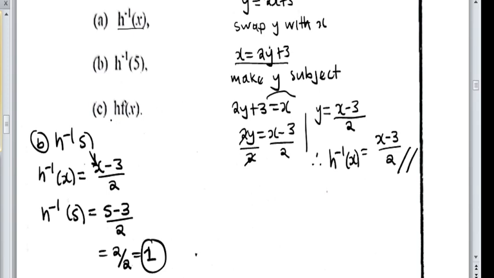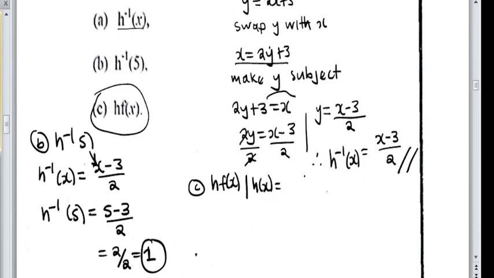Then finally on this one, we solve h of f of x. So this one is a composite function. How do we solve for composite functions? Remember, our h of x is what? So if you check, our h of x is 2x plus 3.